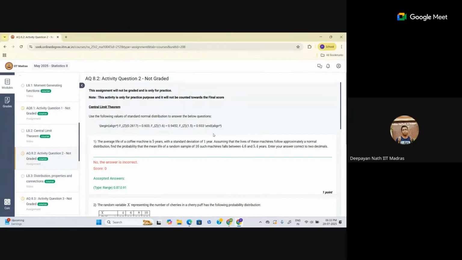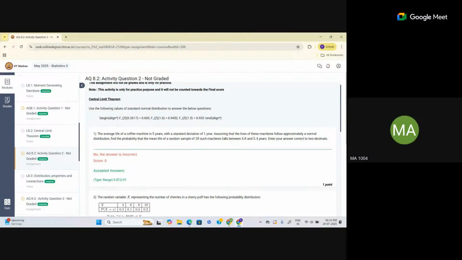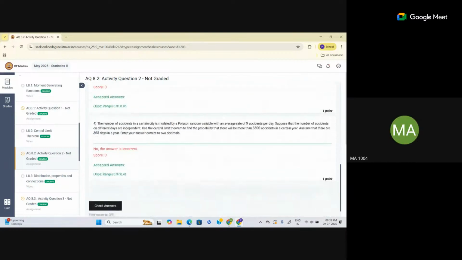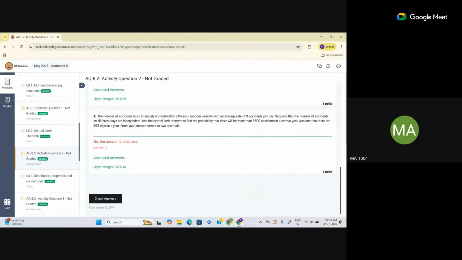Ma'am, some question about question number 2 and question number 4. What is the difference between them? Okay, question number 4: the number of accidents in a certain city is modeled by a Poisson random variable with an average rate of 9 accidents per day.